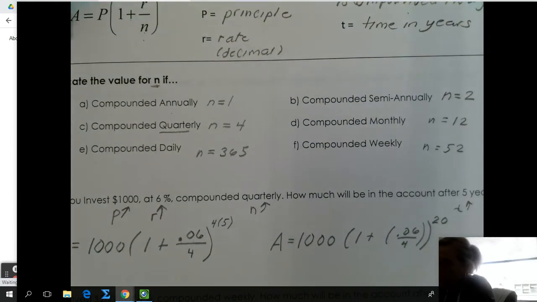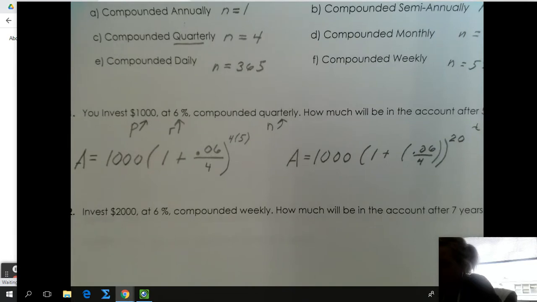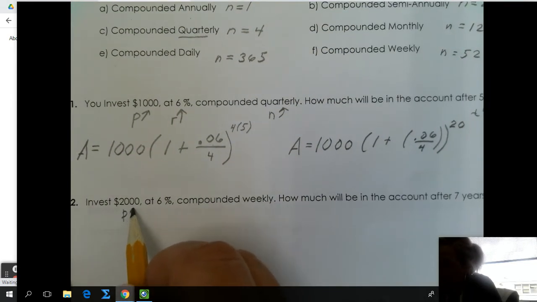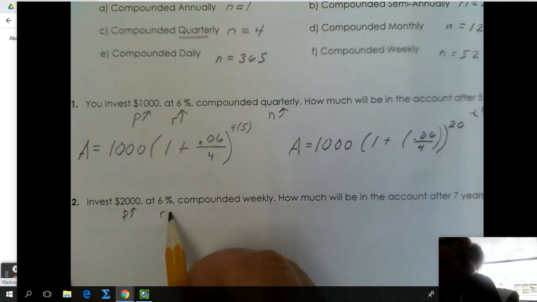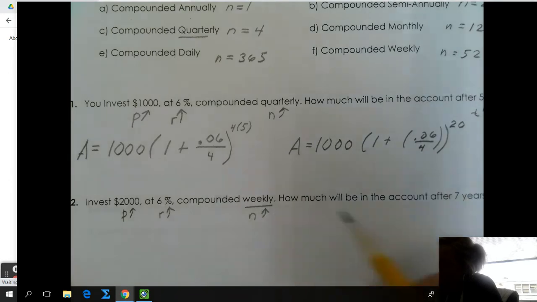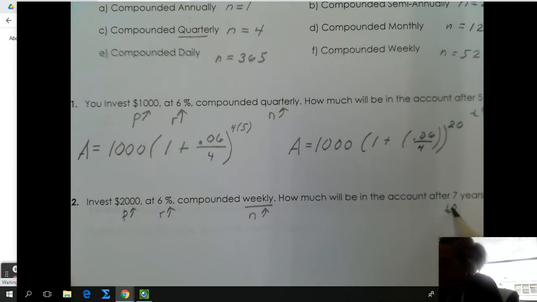Okay, so example number 2, we have $2,000, so that's our principal. This is also earning 6%, compounded weekly, so that's our N value, and we want to know how much we have after 7 years.